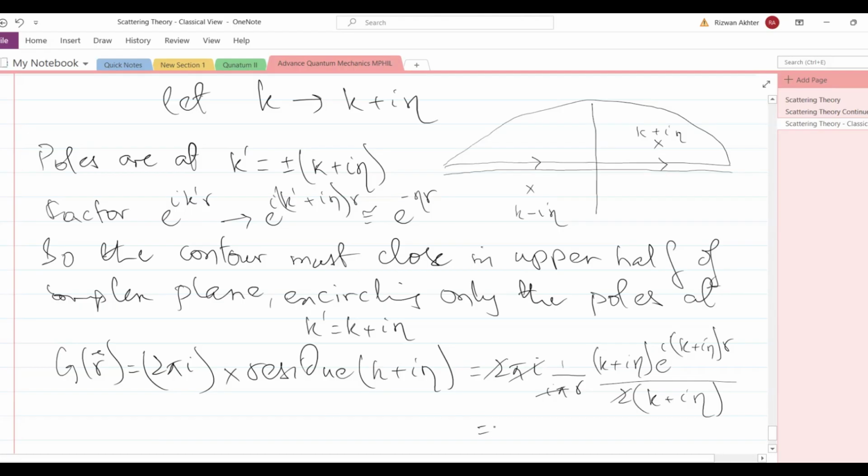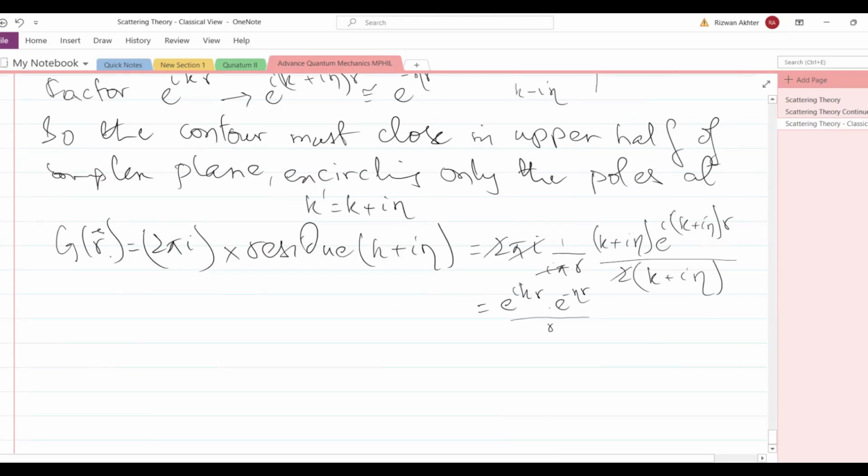So this is e to the power iota kr times e to the power minus eta r over r. So this is the factor, and as we said initially that eta would tend to 0, so taking limit eta tending towards 0, then g plus of r would be equal to e to the power minus iota kr over r.